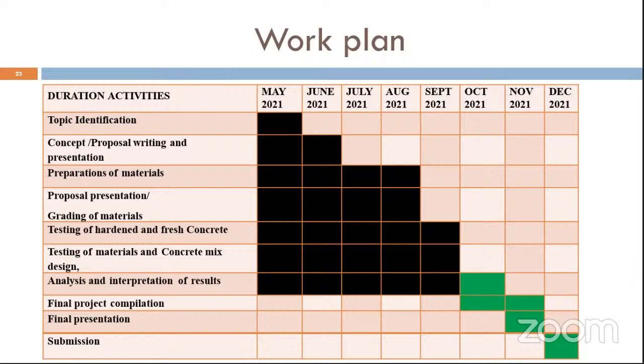Why do we test our concrete at 28 days? To determine whether we have achieved the targeted or recommended strength of the concrete. So it's an assumption that at 28 days we have attained what is recommended or required.